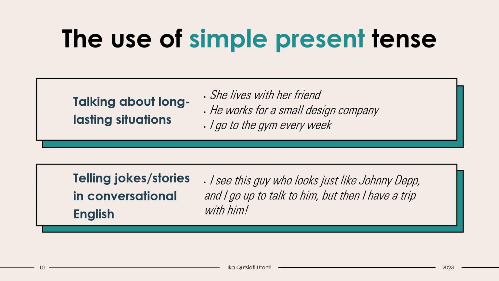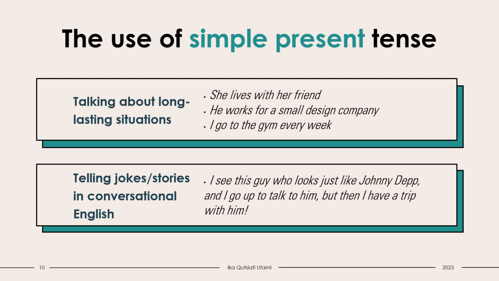In some cases, it's possible to use either the present simple or the present continuous in the same sentence, but the meaning will be different. Using the present simple shows a situation is long-lasting or permanent, while using the present continuous shows that a situation is just temporary.